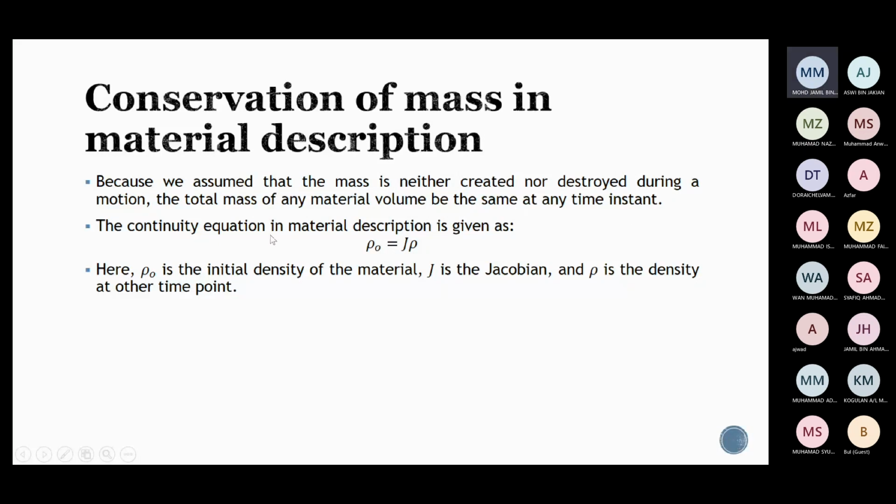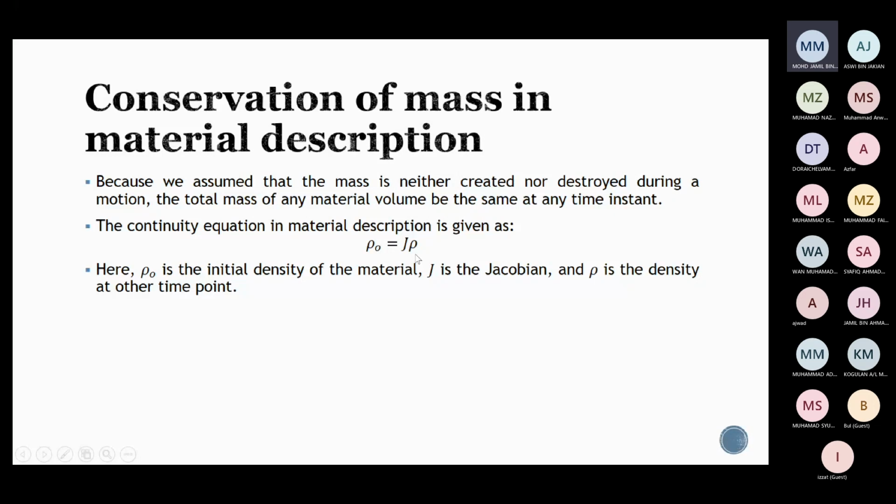So the continuity equation in material description is given by rho naught, the initial density, equals the Jacobian times rho, or the density at spatial, okay, spatial density. So J is the Jacobian. So the initial density will depend on the Jacobian times the density at new time point.